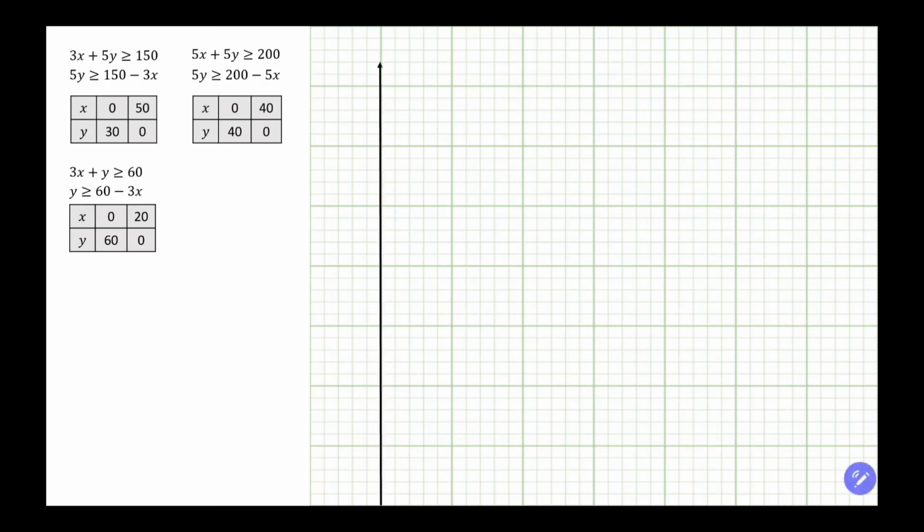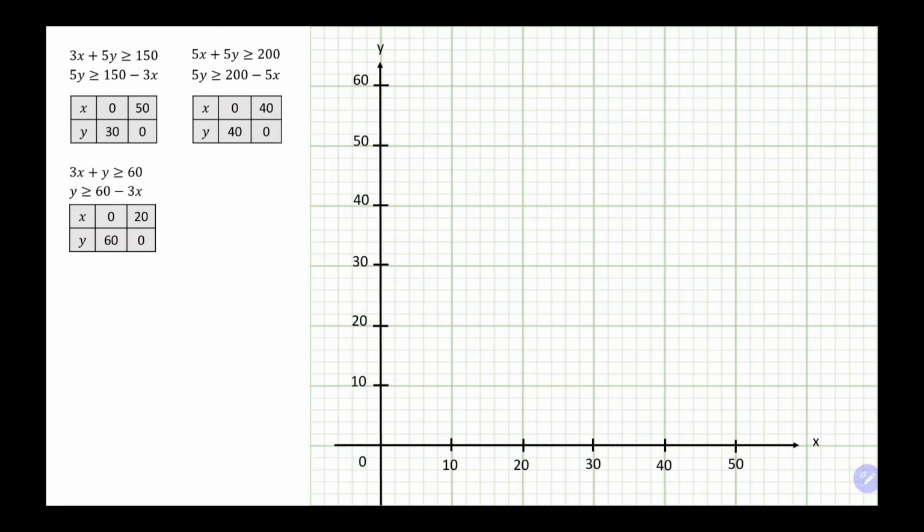We put x and y axes as usual. First line, we have intercepts x is 50, y is 30. Then we label 5y equals 150 minus 3x. Our system of inequalities overall has equal signs, so we use solid lines.